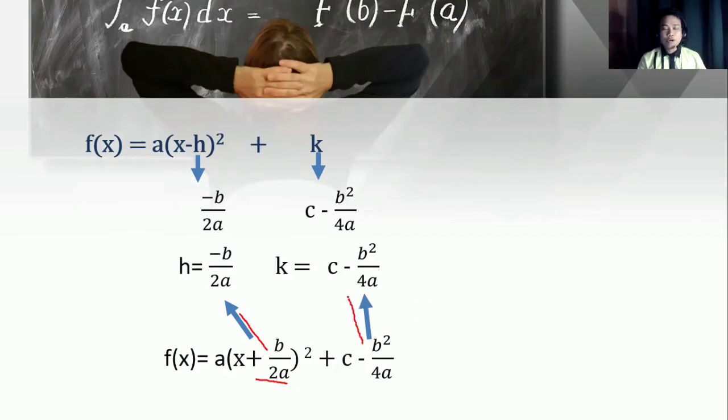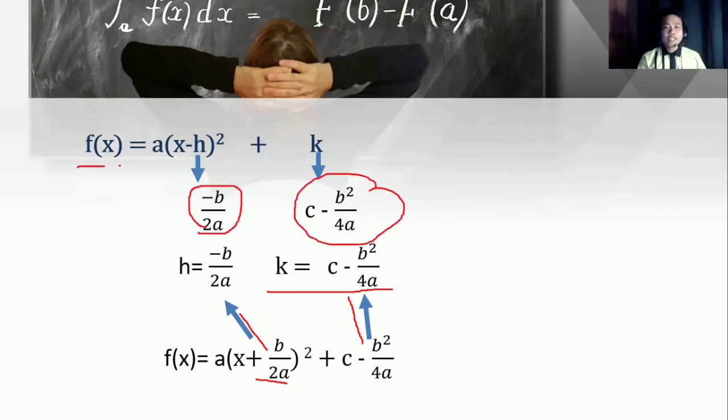Then we rewrite the formula c minus b squared all over 4a, which is the value of k, or the formula for k. So k is equal to the difference of c, which is the constant, and b squared all over 4a. So from this, we derive the vertex form.